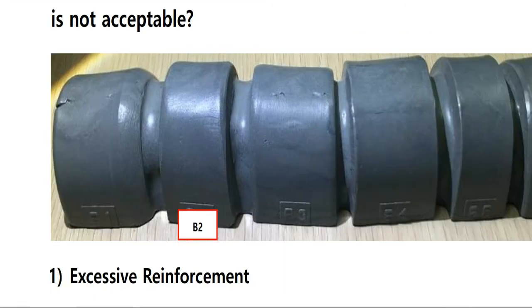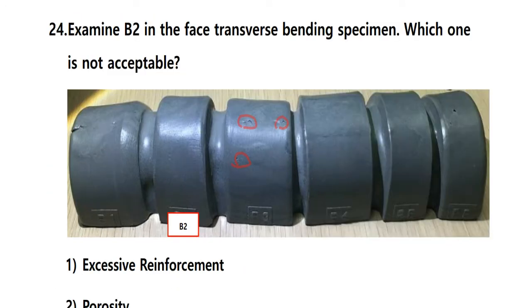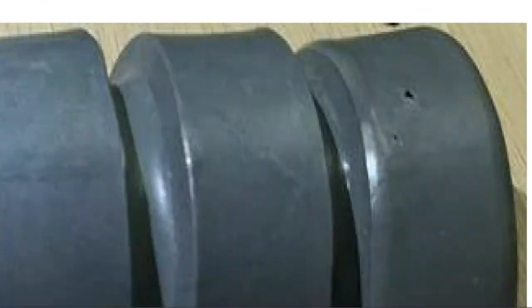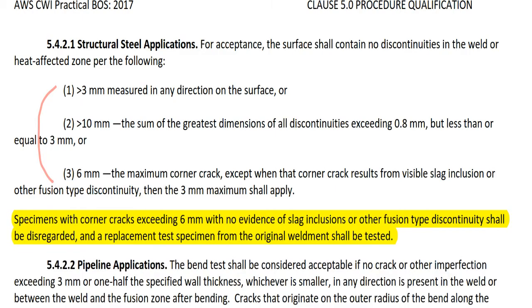Like here, you have discontinuity 1, 2, 3, and like here 1, 2. Number 1 says bigger than 3 mm measured in any direction of the surface.